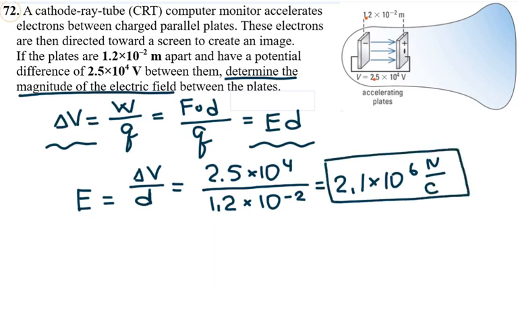What they did in the past, they had these two plates, and an electron would accelerate from one plate to another, and then they would have additional plates to create the magnetic field. So this is the electric field to accelerate the electron forward. By the time an electron reaches the screen, it bombards the screen and illuminates the different colors.